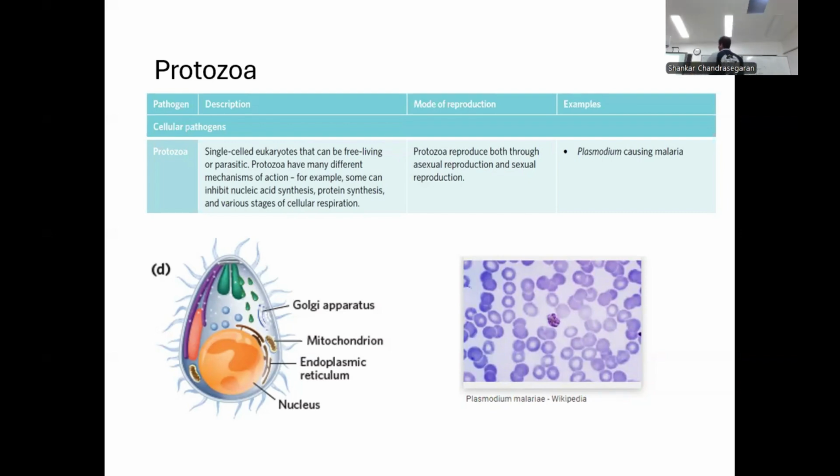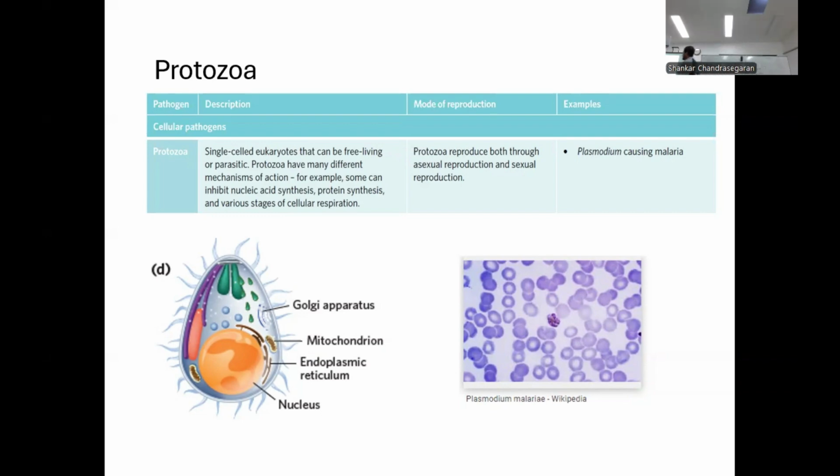Okay, moving on. Next cellular pathogen is your protozoa. These are single cell eukaryotes that can be free living or a parasite, and they have different mechanisms of action.